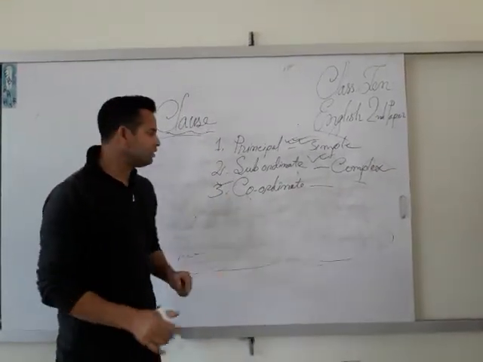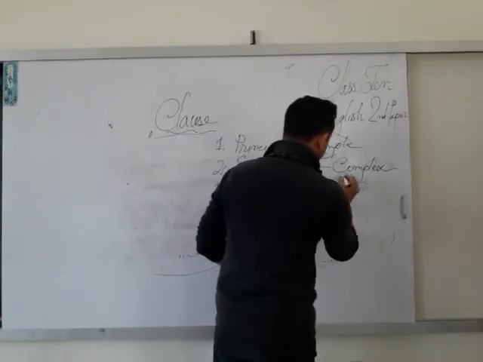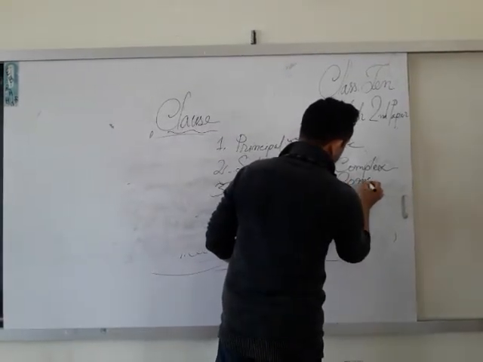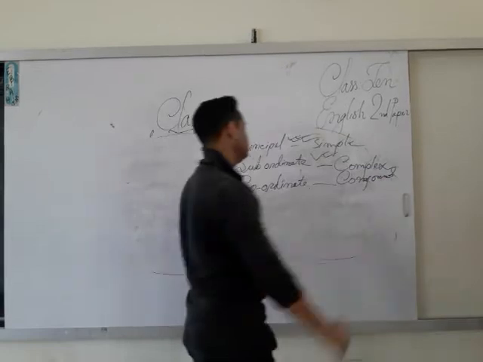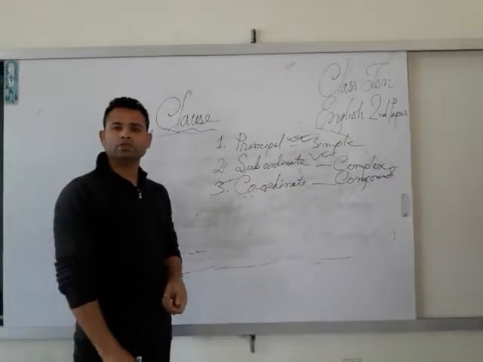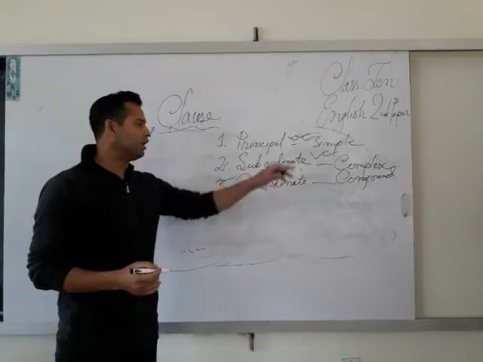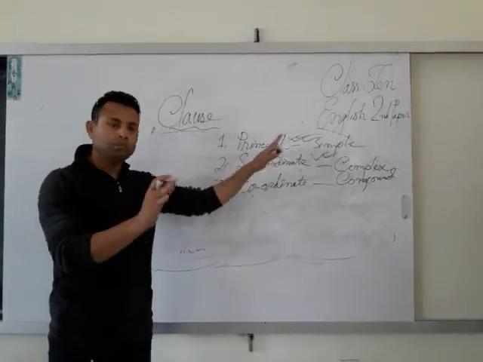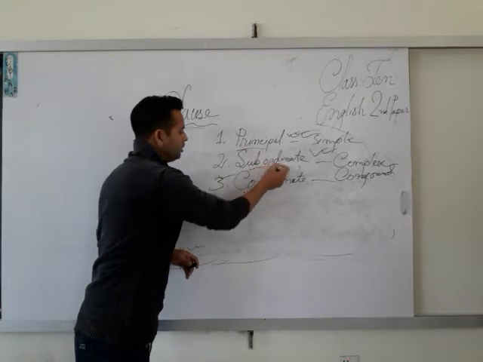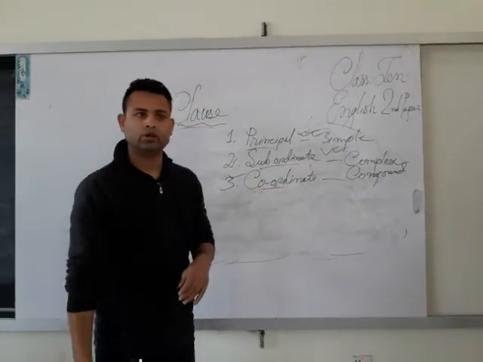A sentence that has a coordinating conjunction is a compound sentence. So it is very easy to understand simple, complex, compound if we have knowledge about principal, subordinate and coordinate clause.